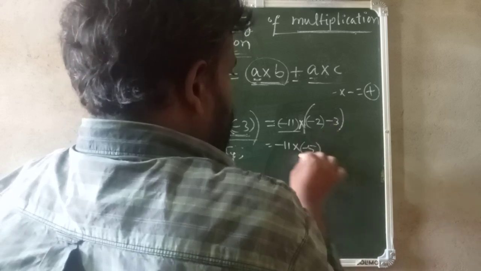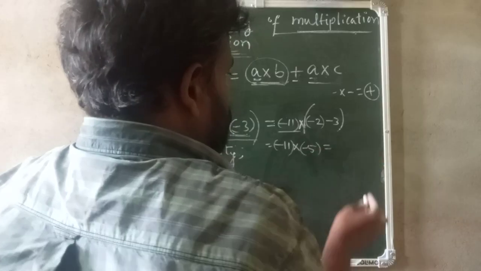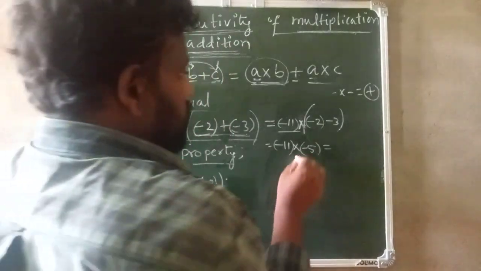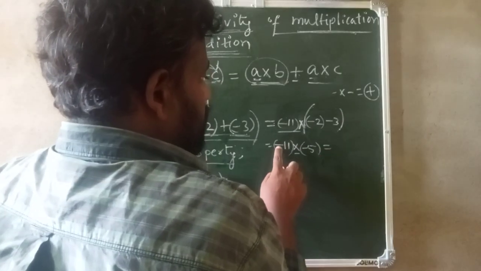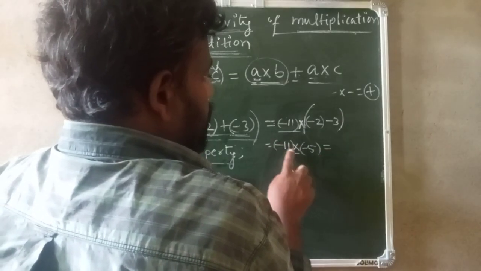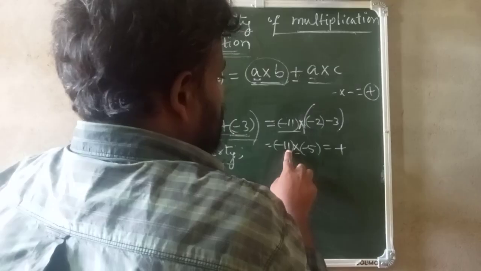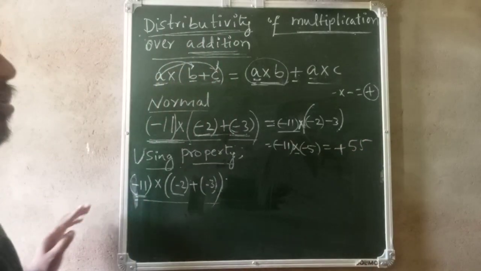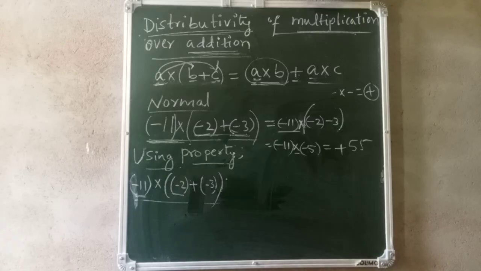So for a negative number put a bracket. So that is equal to, now into is there. So multiply the signs first. Minus into minus is plus. So 11 into 5, 55. We got plus 55.